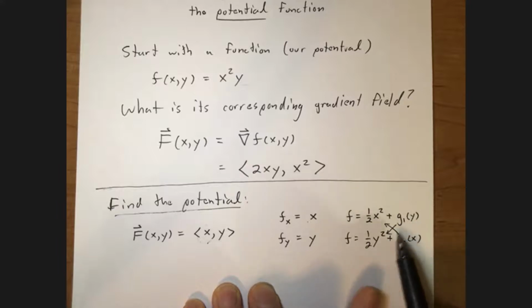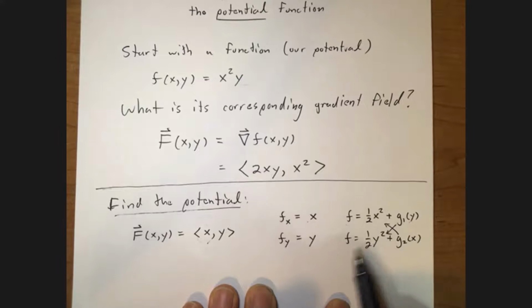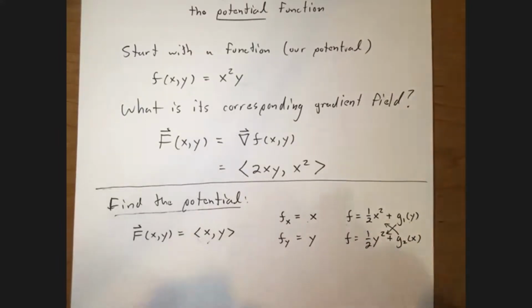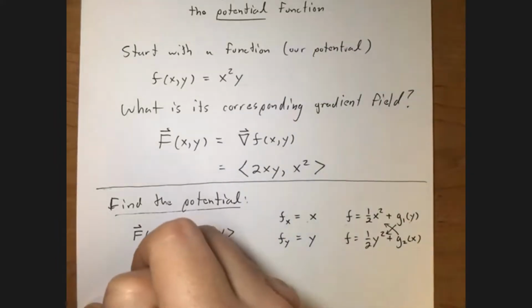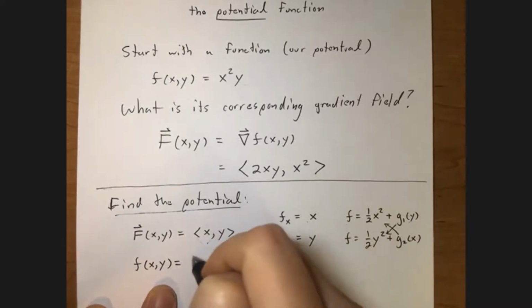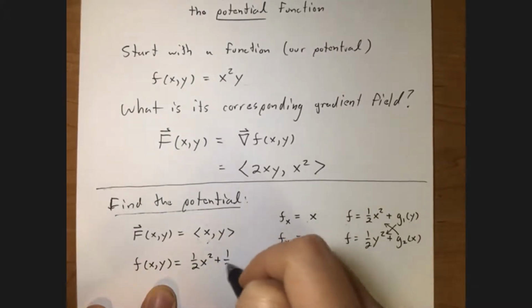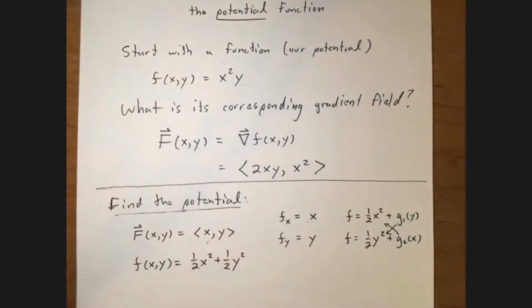It's the function where you either read off the top line, where you let g1 be this, or you read off the bottom line, where you let g2 be this. Either way, you get the same function. The potential is the function 1/2 x squared plus 1/2 y squared. And actually, I can make it a little more general, because I can add a constant here.